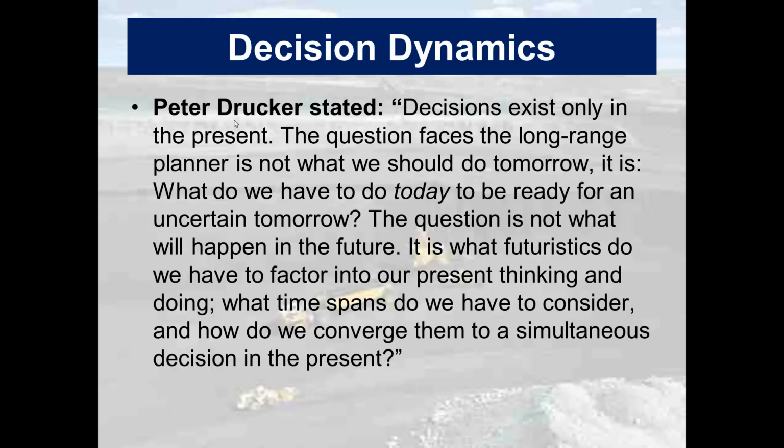The question is not what will happen in the future. It is what futuristics do we have to factor into our present thinking and doing. What time spans do we have to consider, and how do we converge them to a simultaneous decision in the present?" So once a project has been proposed or is in operation, how can it be structured or managed for the highest probability of achieving expectations?